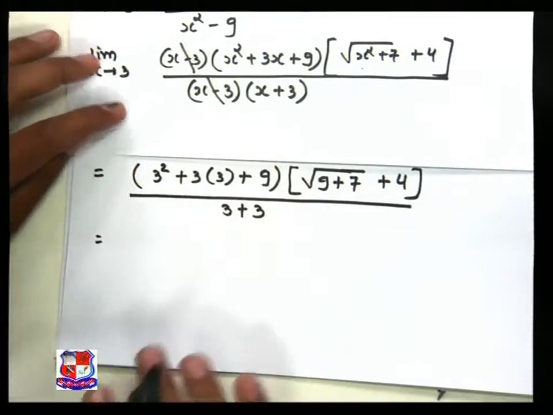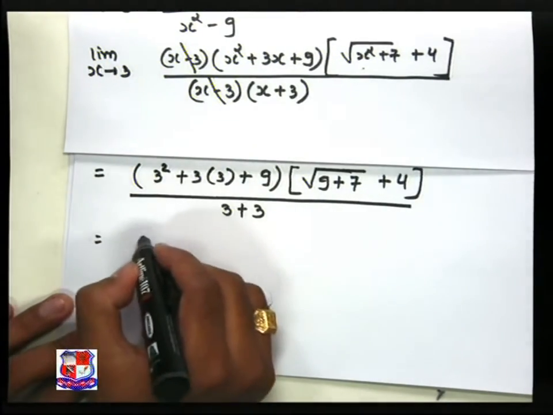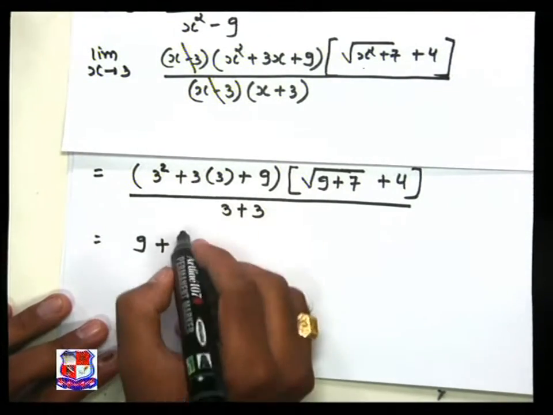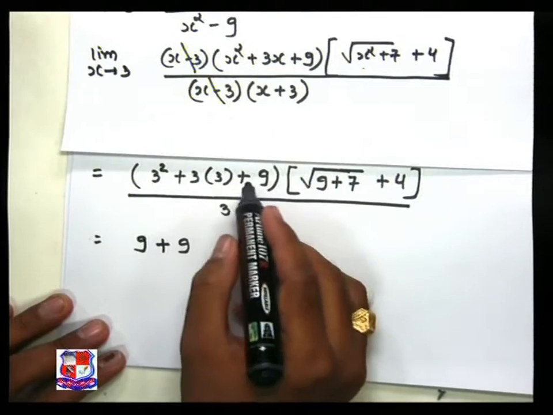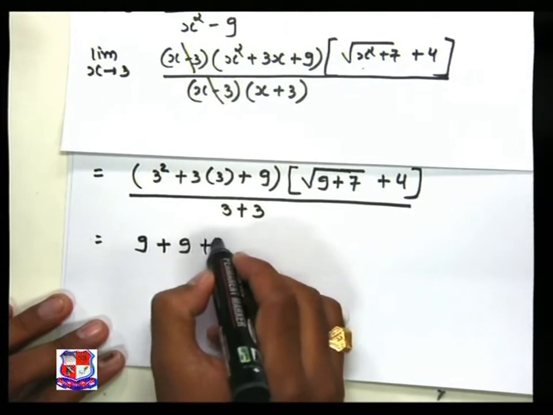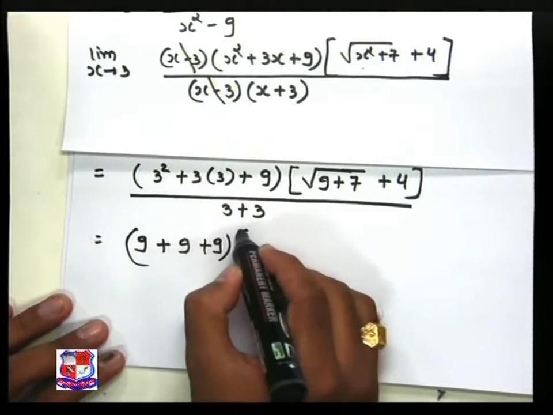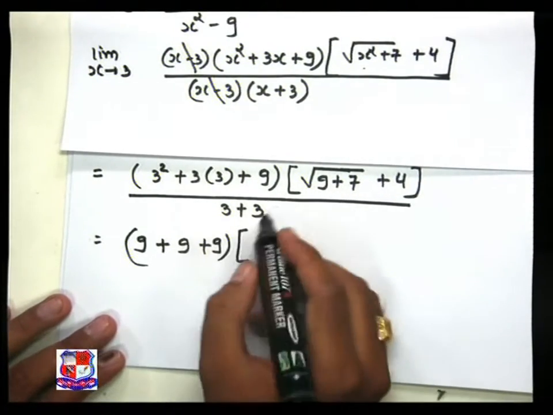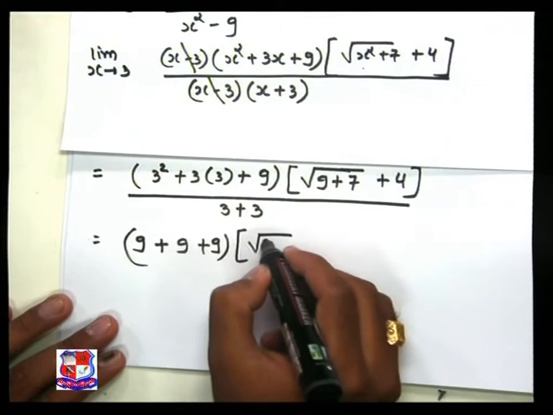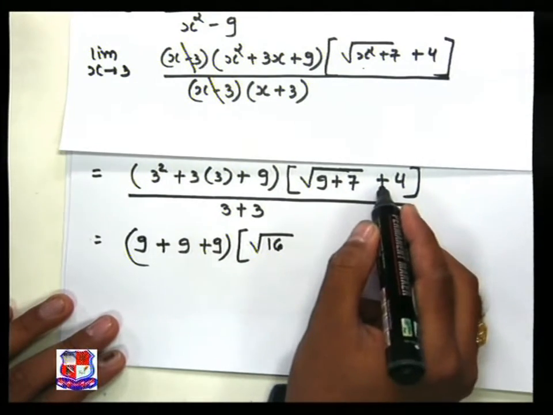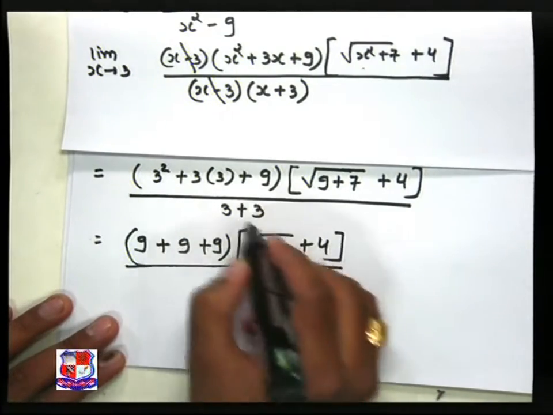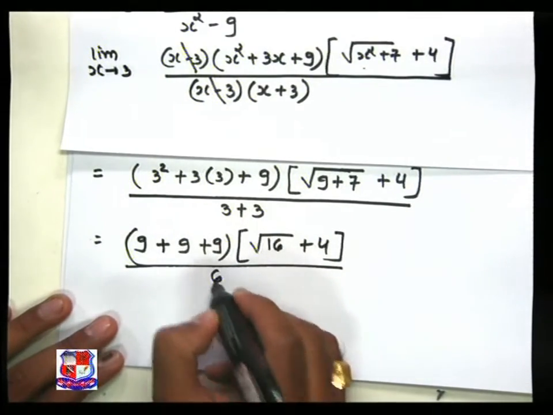Now again we want to simplify this term. 3 square 9 plus 3 into 3 also 9 plus 9, under root of 9 plus 7, that result is 16 plus 4 as it is, and 3 plus 3, that is 6.